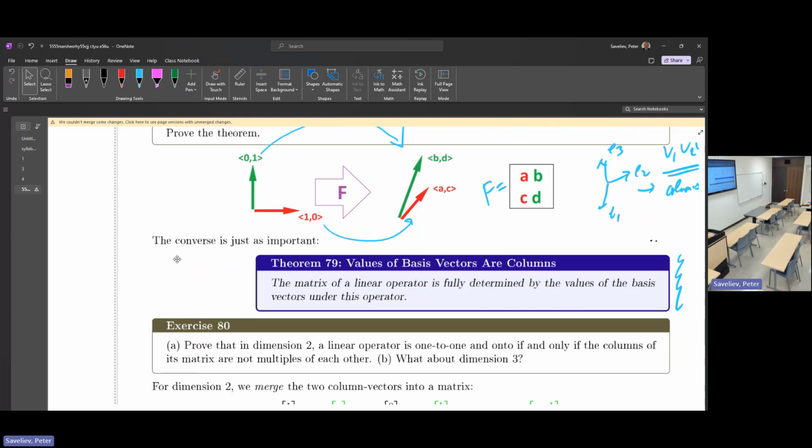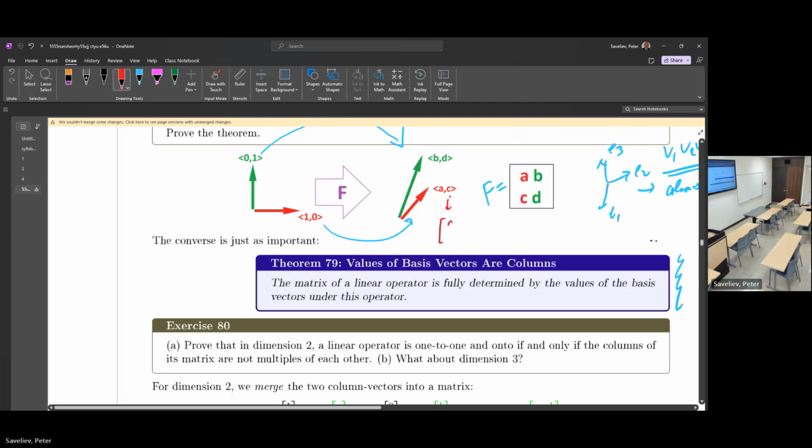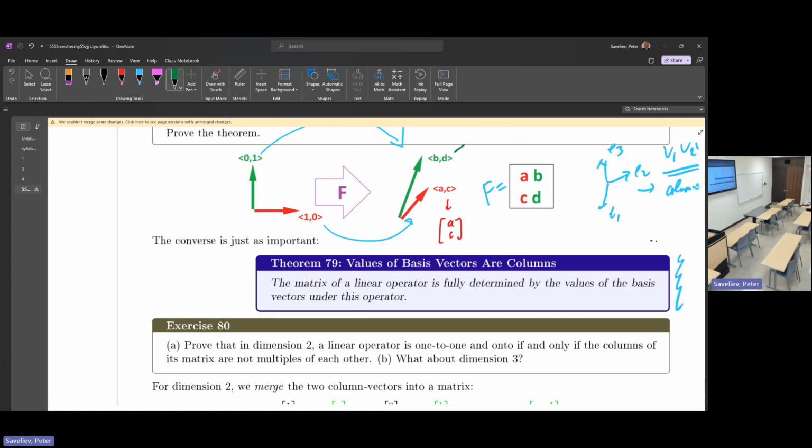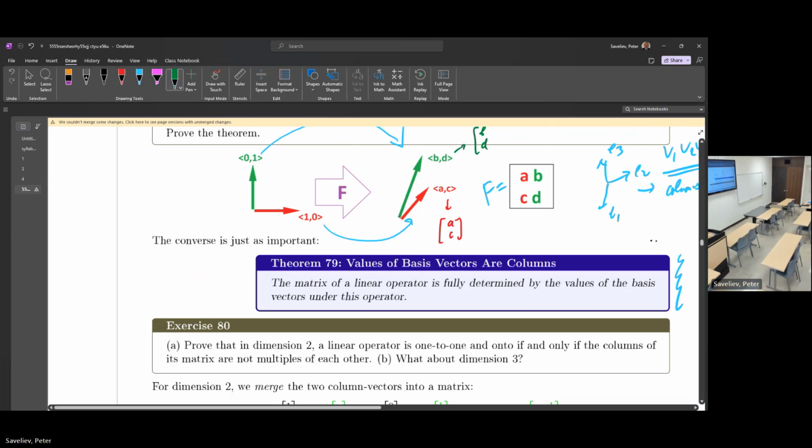Remember, the column notation is the preferred notation, so this one is (A, C), and this one is (B, D).